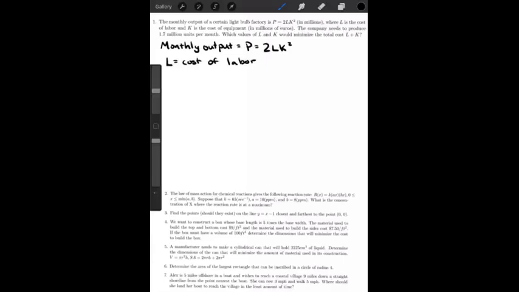Alright, so one of the things we always need to do is make sure we know what all of our variables mean. So our output is P, and we've got a function for it. L is the cost of labor, K is the cost of equipment.